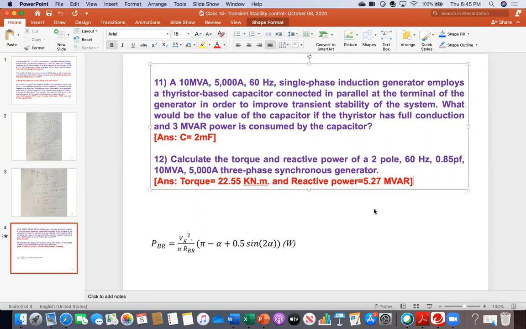Yeah, I got the torque 22.546 actually, kilonewton meter. Okay, now calculate the reactive power. Yeah, 5.268 megavar, so just what you see, 5.27 megavar.